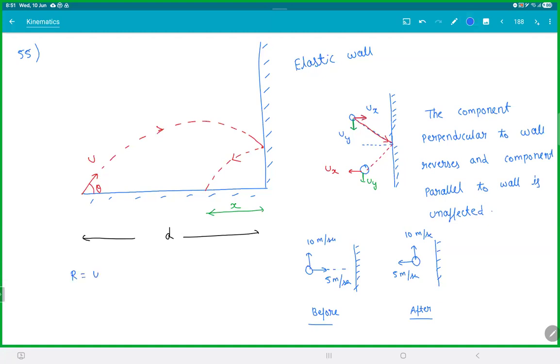Range, which is u square sine 2 theta by g. That is your range. And this value d, right? R is greater than d. So definitely it is going to hit the wall. So using this information, the ball hits the elastic wall and falls on the ground. Find x.